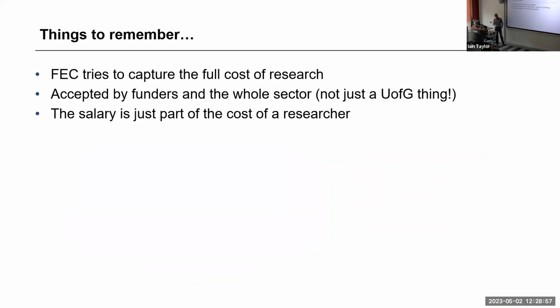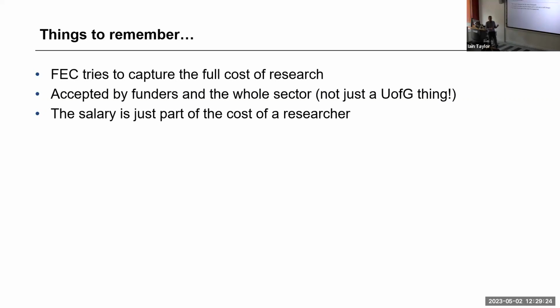On the FEC, the key things to remember as researchers are that it tries to capture the full cost of research, and it is accepted by funders and the whole sector. So it's not just a University of Glasgow thing. It's not just someone in finance deciding to charge £58,000 for every researcher.